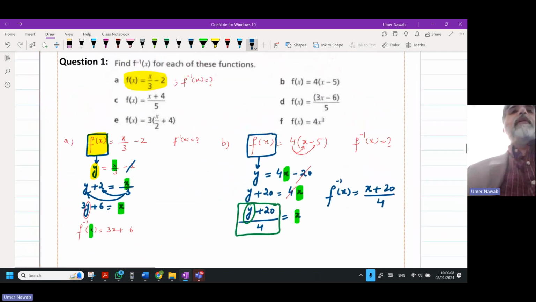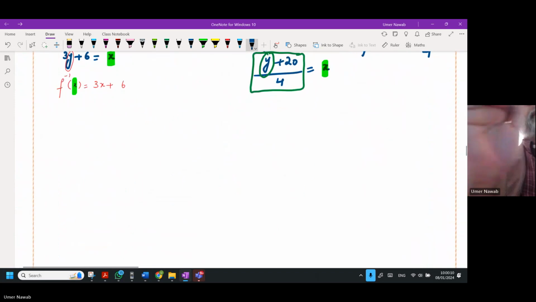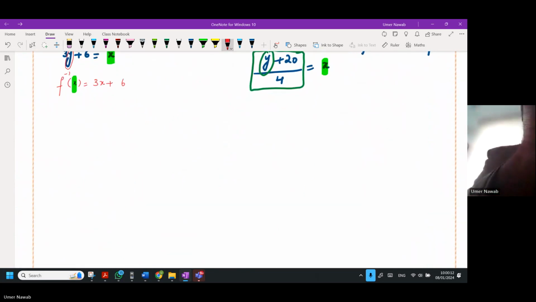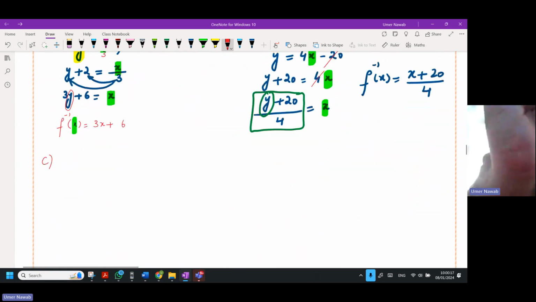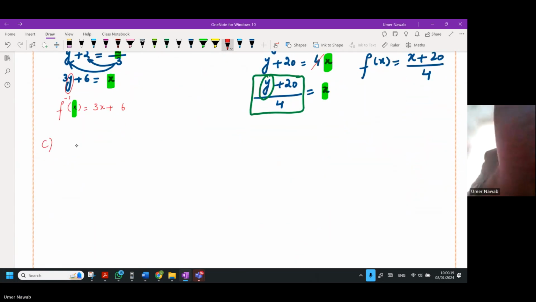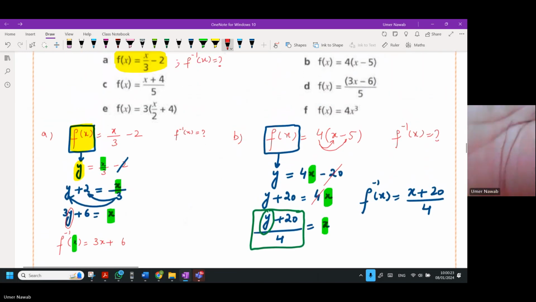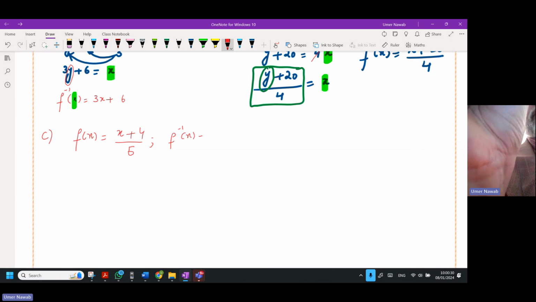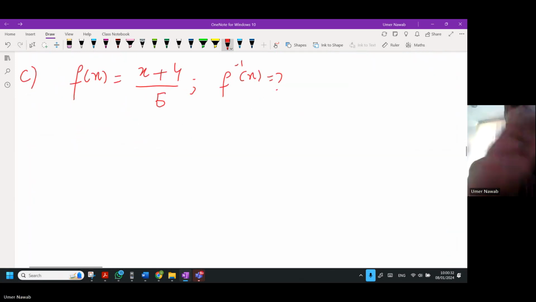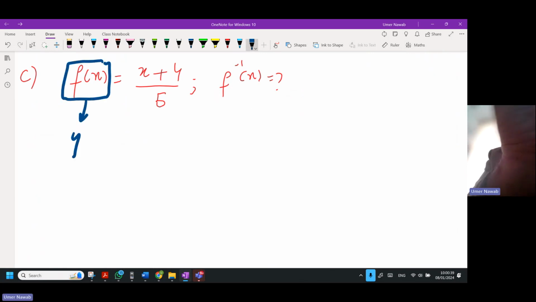Is it clear? Let's copy the C part. In the C part, he gave you f of x equals x plus 4 whole over 5. And again, I'm looking for the inverse of x. Change f of x to y.